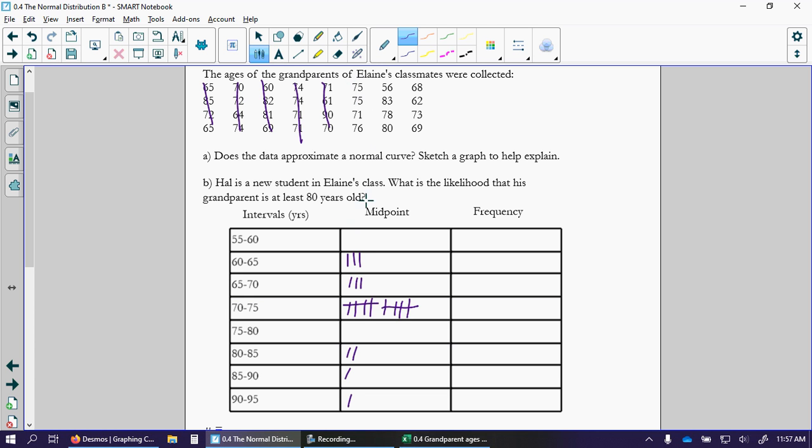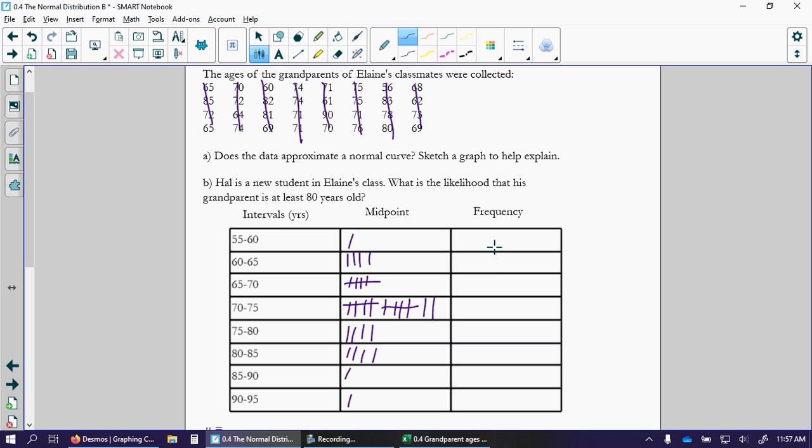Hopefully this adds up. 75, 75, 71, 76, 56, 83, 78, 80, 68, 62, 73 goes here, and 69 goes there.